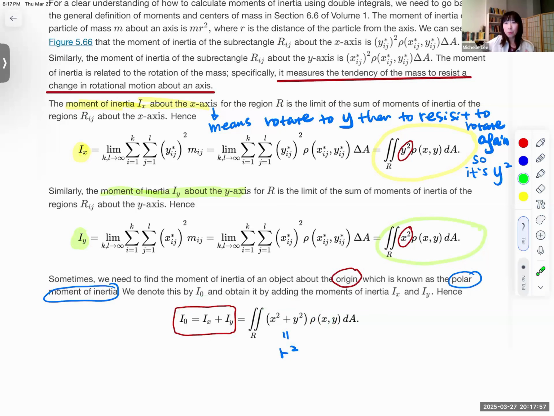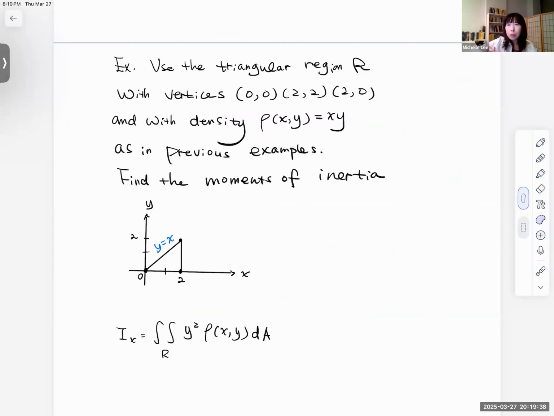All right, so let's do the problem. We have an example triangular region R with different vertices, as in a previous example. So I plot the points. This is 0, 0. This is 2, 0.